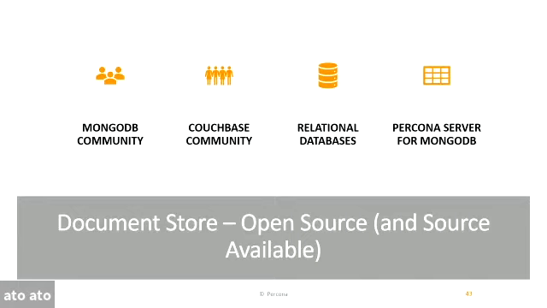Relational databases can also be an interesting alternative, because after the document store and JSON became popular over the last decade, all relational databases, open source and proprietary, invested a lot in making JSON support quite good.